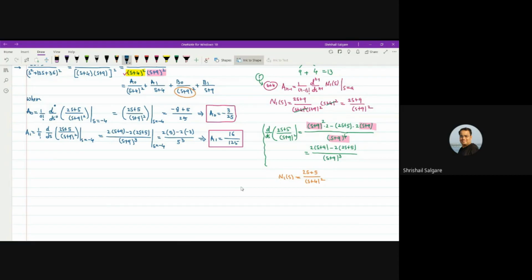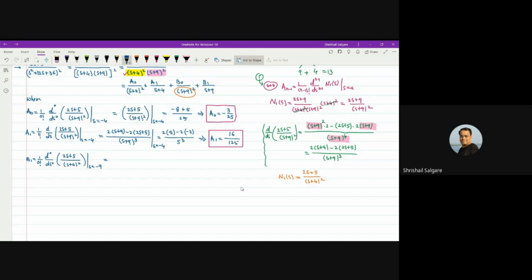Now in the same manner, b1 is given by 1 upon 0 factorial, the 0th derivative of (2s plus 5) divided by (s plus 4) bracket square, and the value of the function at s equal to minus 9.